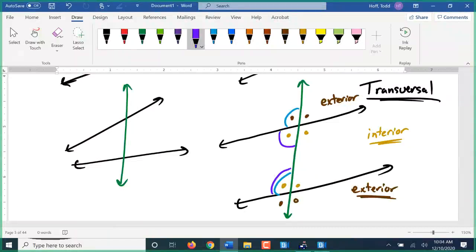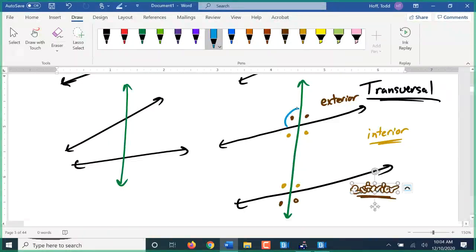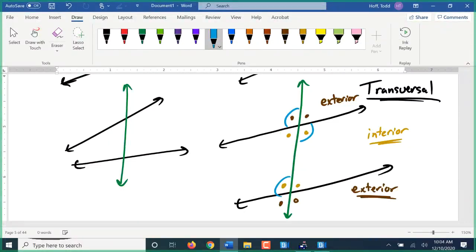For us, as you can see here, that angle, that angle, that angle, and that angle are all equal. And this one, this one, this one, and this one are equal to each other. And this one is supplementary to that one.